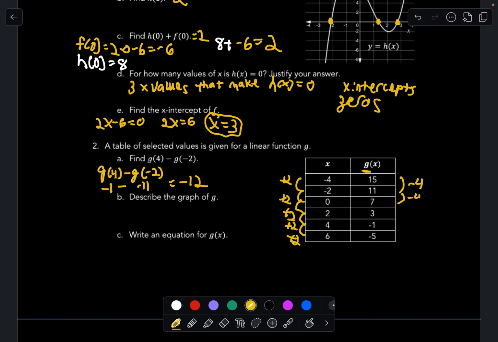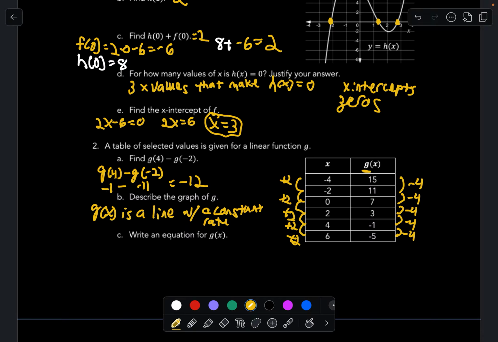It's constantly decreasing by 4 every time you increase x by 2. That means it's a linear rate of change. It's a constant rate of change. So g of x is a line with a constant rate of change.